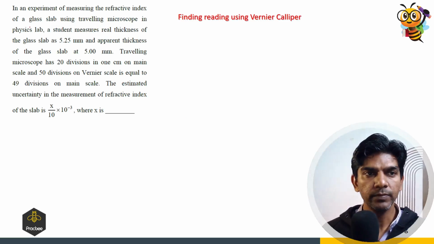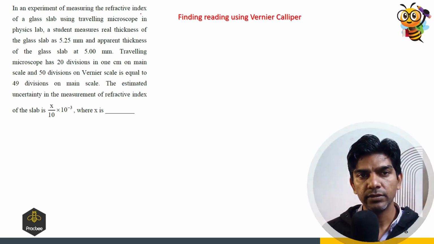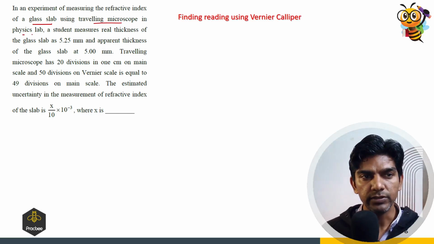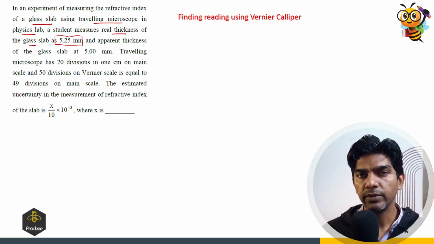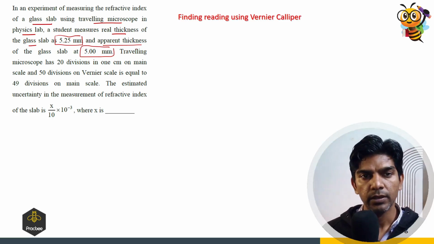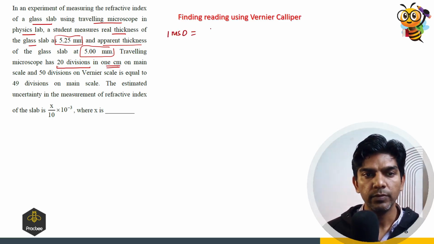Let us see another question. In an experiment of measuring the refractive index of a glass slab using a traveling microscope in physics lab, a student measures real thickness of a glass slab as 5.25 millimeters and apparent thickness of the glass slab as 5.00 millimeter. Traveling microscope has 20 divisions in 1 centimeter on the main scale. So one main scale division will be 1 centimeter divided by 20.